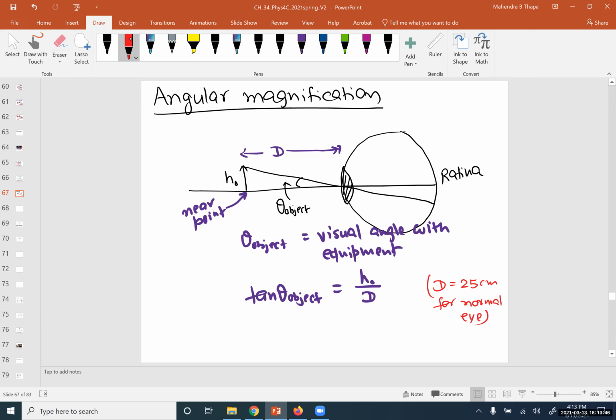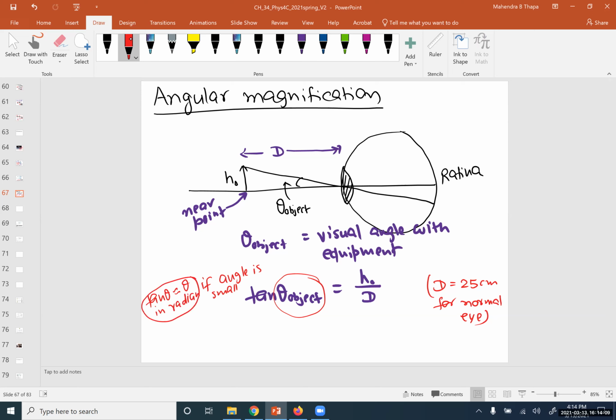Okay, if this angle is small, we can use the concept that tan theta is nearly equal to theta in radians.